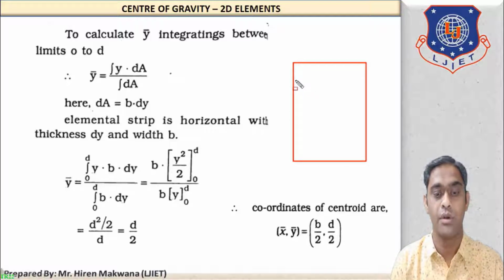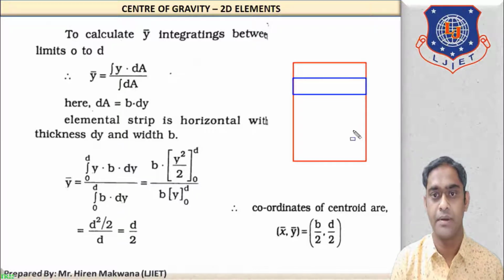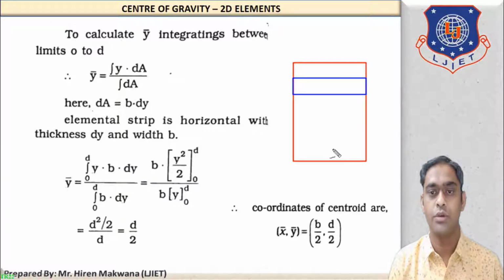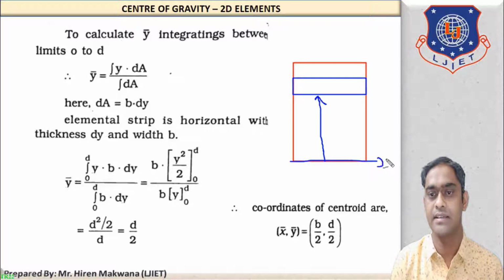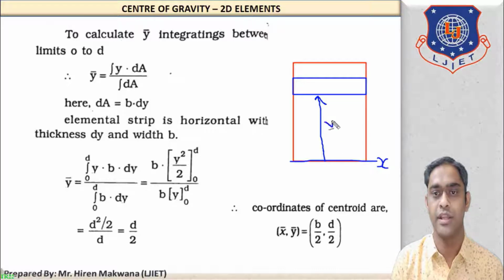strip right now. Why? Let us see. Suppose this is the horizontal strip. Okay. Now, what you have to take? You have to take this distance, meaning from the bottom x-axis, this is the x-axis, and this distance you have to take as y. This horizontal width of the rectangular strip will be b, total rectangular depth is d, and you have to take strip height as dy.